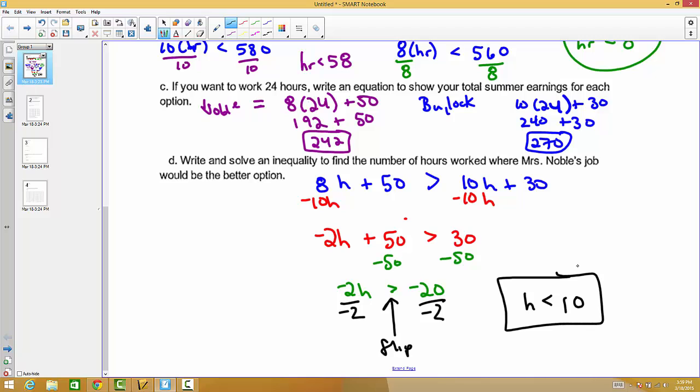So if you work 10 hours or more, you will make more money in Mr. Bullock's job. If you work less than 10 hours, you would make more money with Mrs. Noble's job.